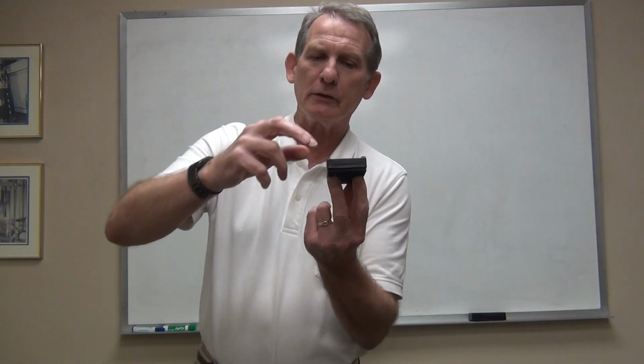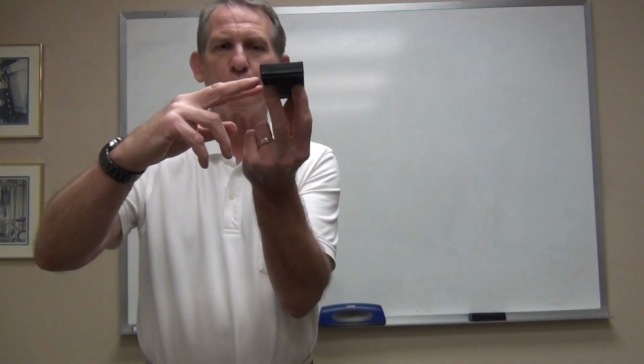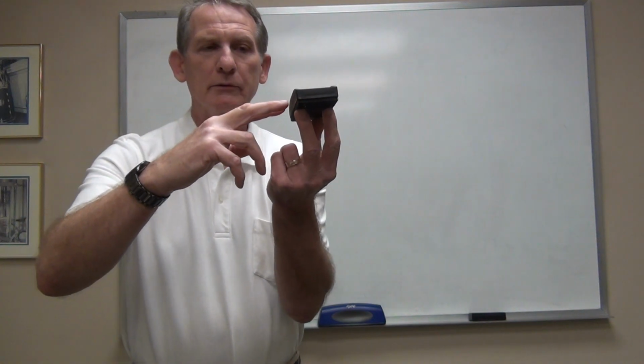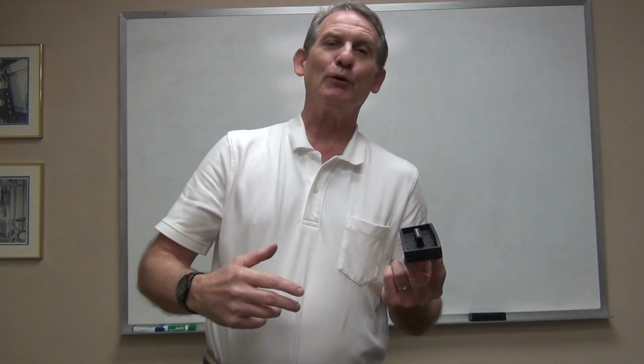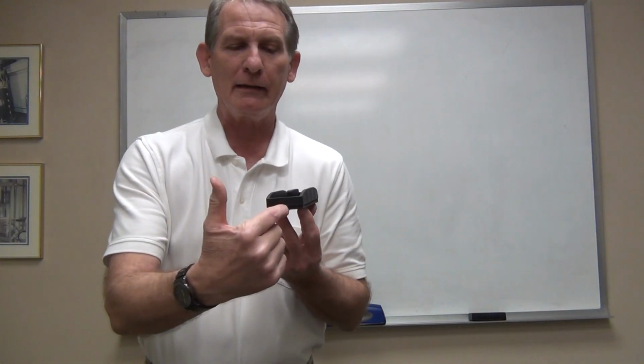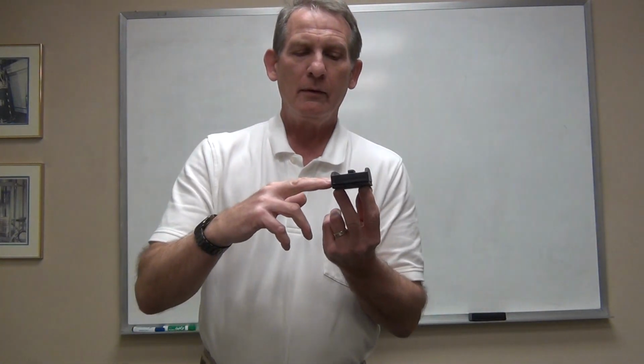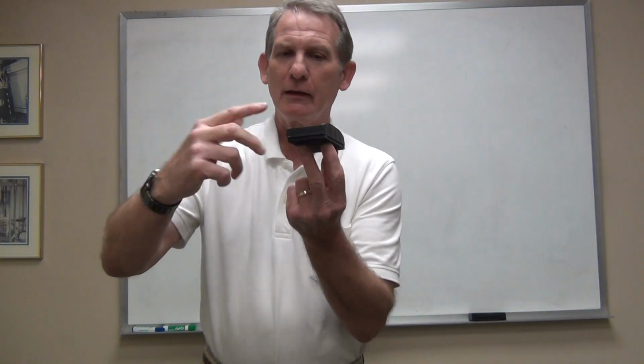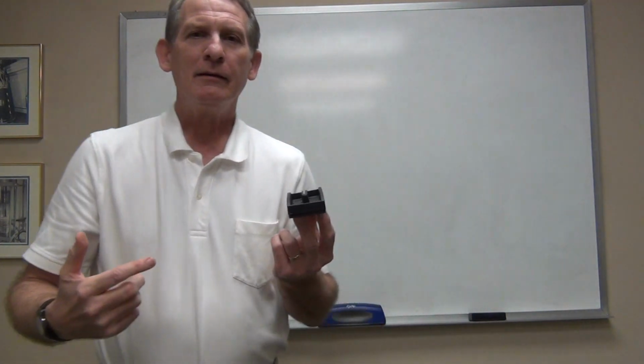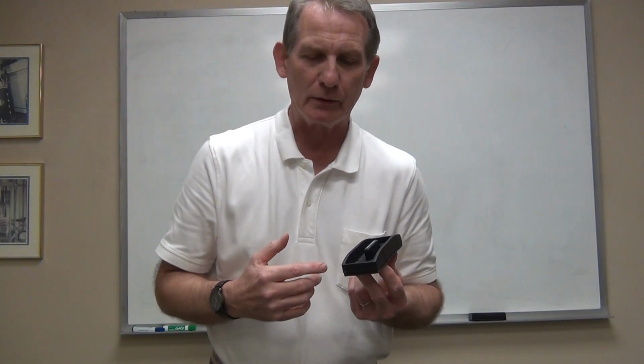I can still translate this way and stay in contact with those 3 points and these 2 points. So, in order to completely lock this thing down against translation, I add another point here. I have 3 points, 2 points, and 1 point. 6 points constrain those 3 translational degrees of freedom.